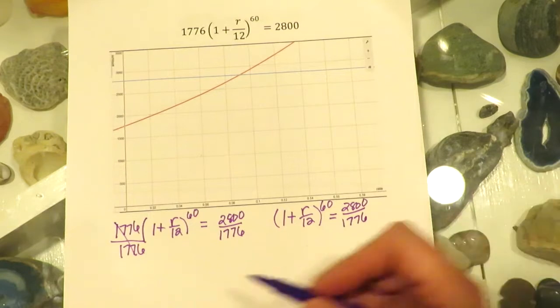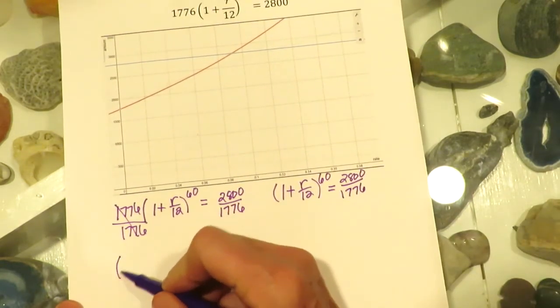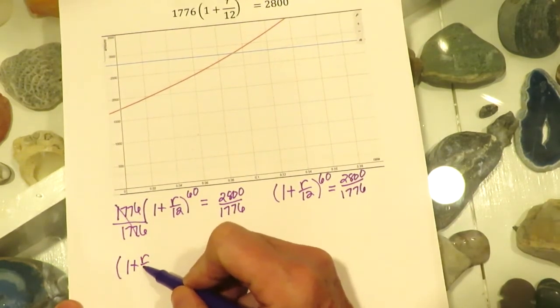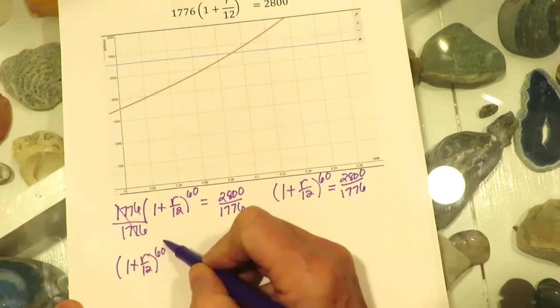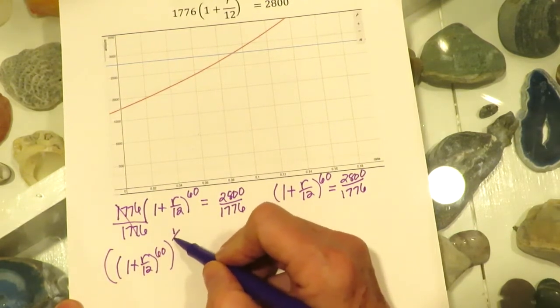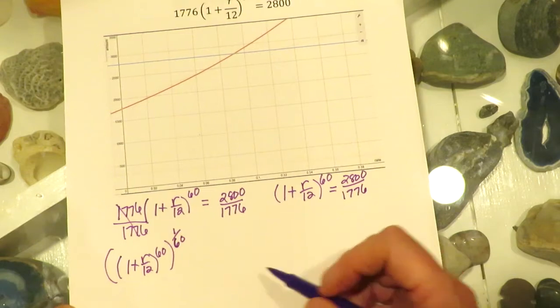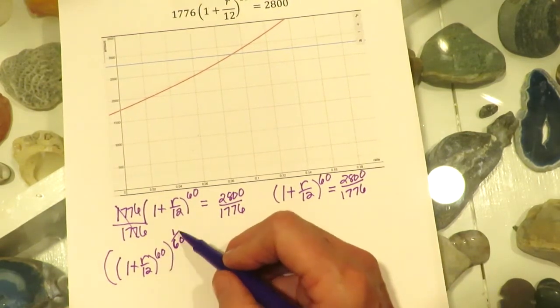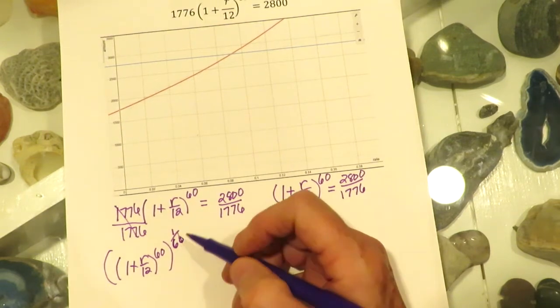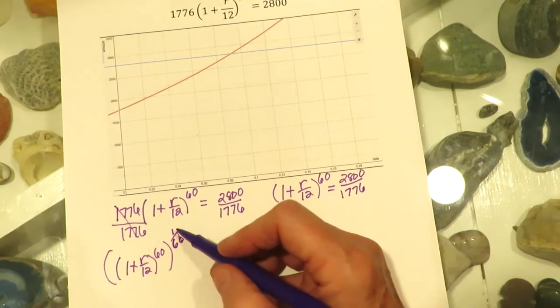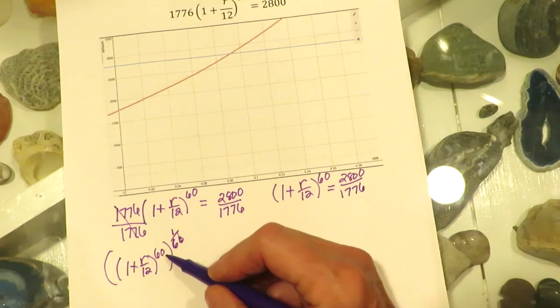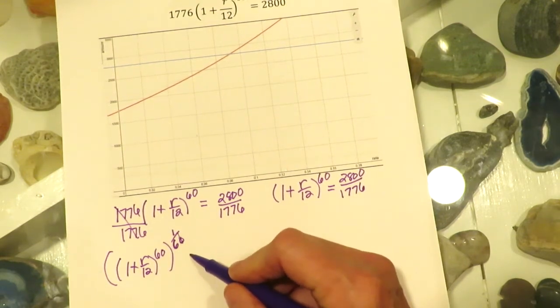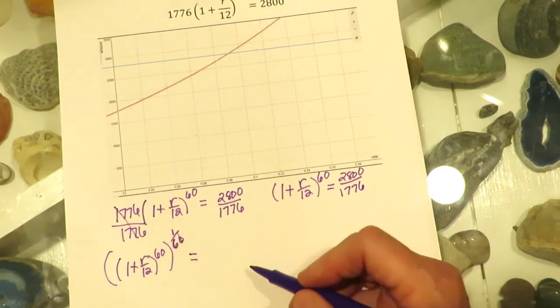So I'm going to use the rules of exponents, and the rules of exponents say if I raise a power to a power, I multiply those powers together. So if I want to reduce that to a power of 1, I need to use the reciprocal power. So I'm going to raise to the 1 over 60 power because when I multiply those together, I will just get 1 plus r over 12.